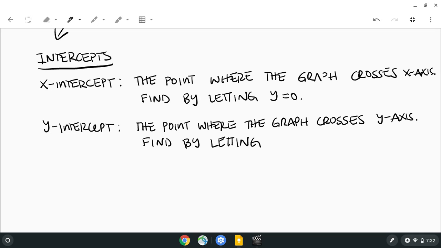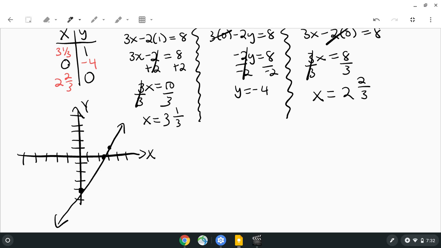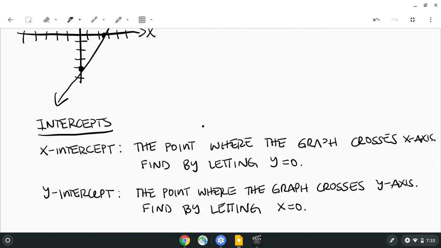You find this by letting, very good. Did you say x equals 0? You are correct. Okay, so you let x be 0 and you solve for y, and that will give you the y-intercept. So if we look up here, when the x is 0, that y value is the y-intercept. Okay, so we found the x and y-intercept here, or at least I did. Okay, so again, when x is 0, that y value is the y-intercept. When you have 0 here, that's x value is the x-intercept. Okay.